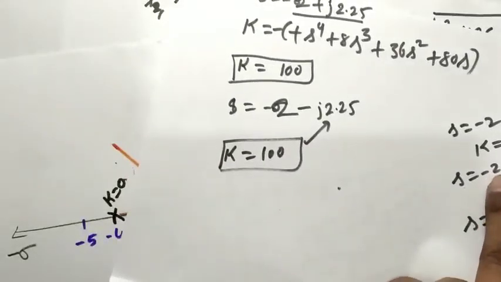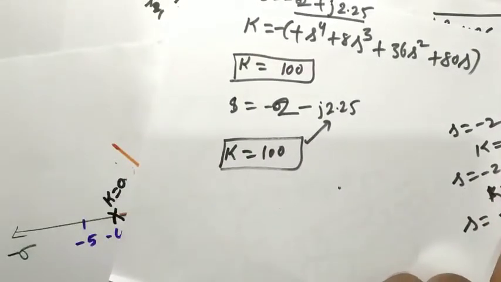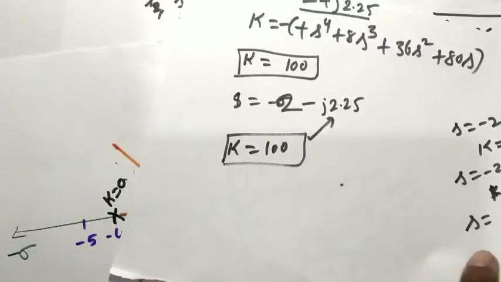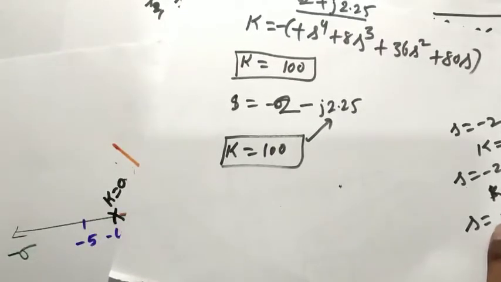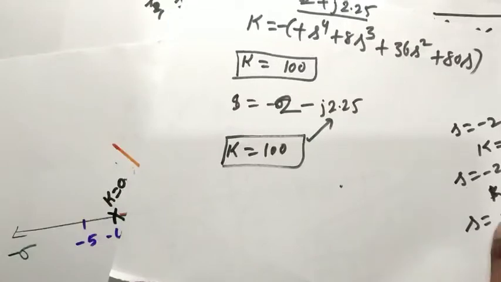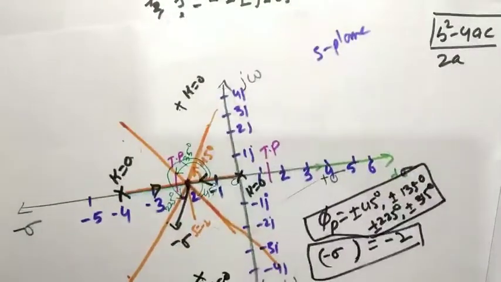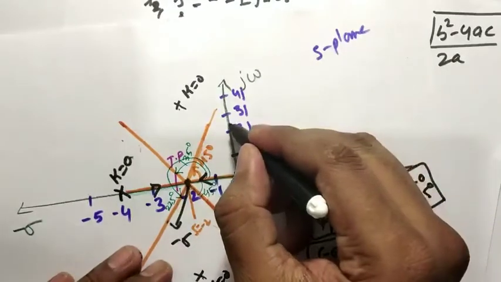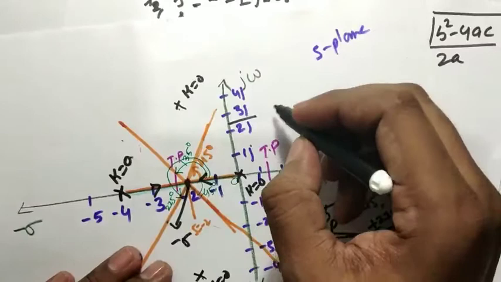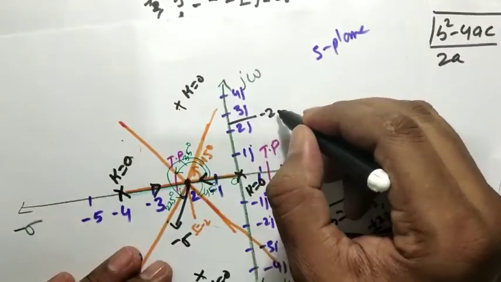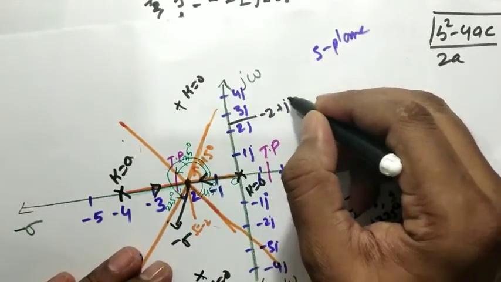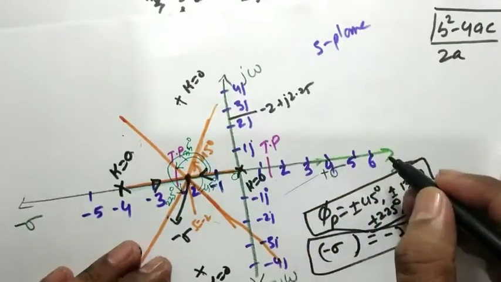So you got minus 2 plus j2.25 as another breakaway point, and minus 2 minus j2.25. So you can locate this. If you take this one here, this becomes minus 2 plus j2.25.